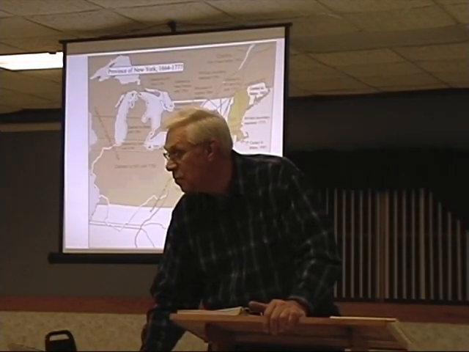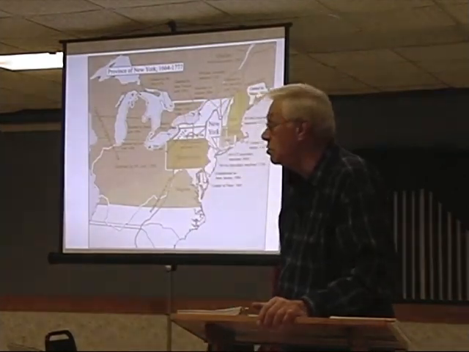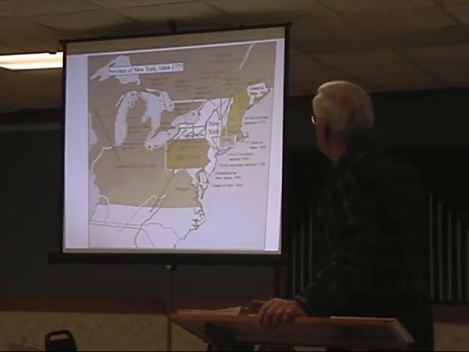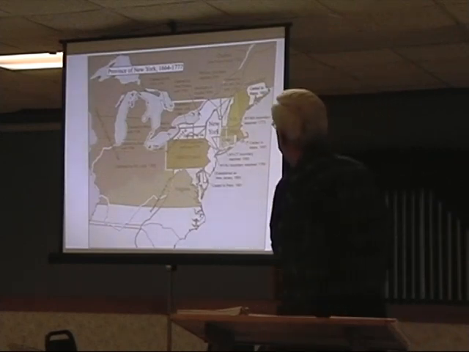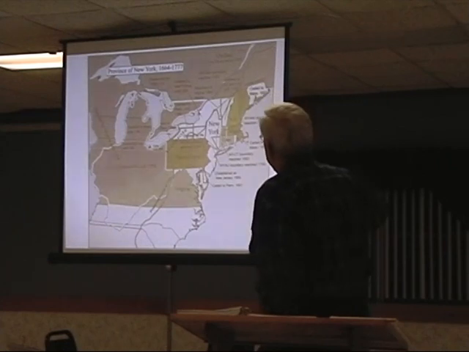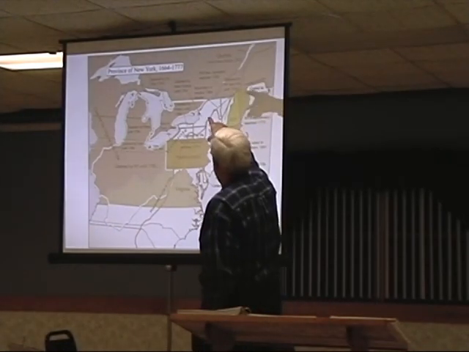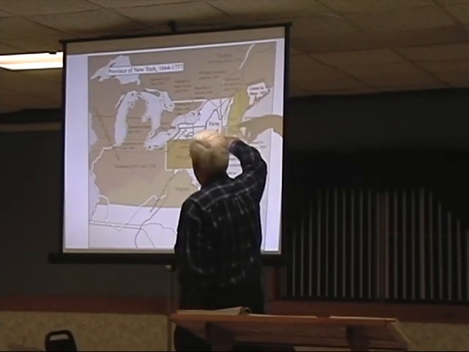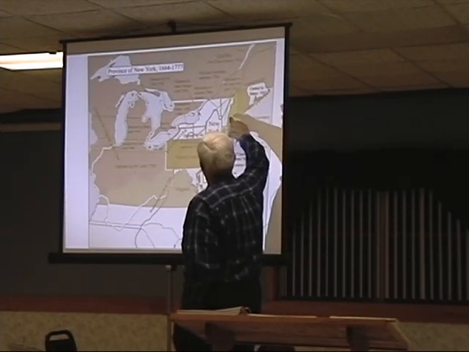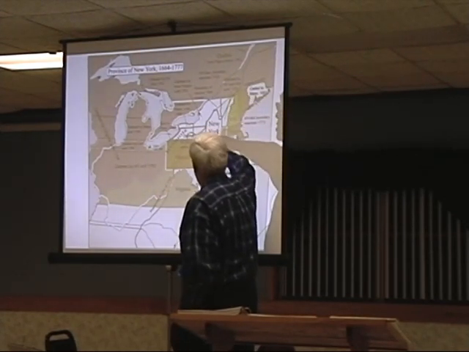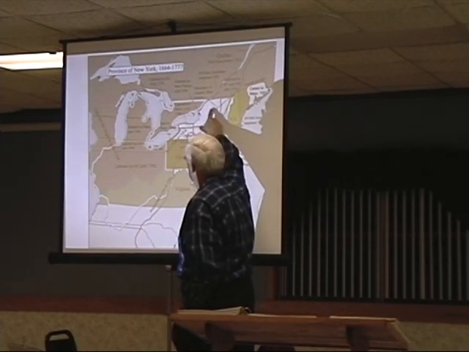Yes, I did. Okay, province of New York, this shows you a little bit of what, you see the boundary of the original charter, 1664. I'm sorry you can't see it real well, but it includes all of this, and all of this.